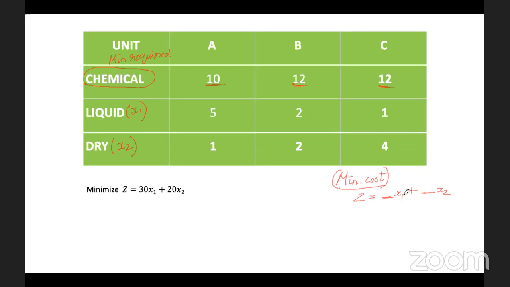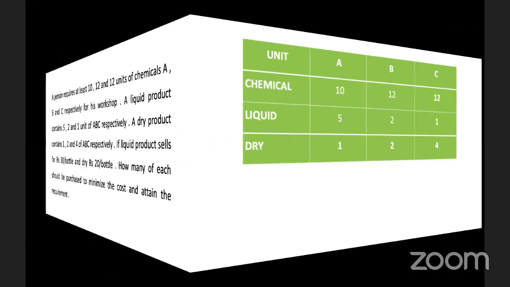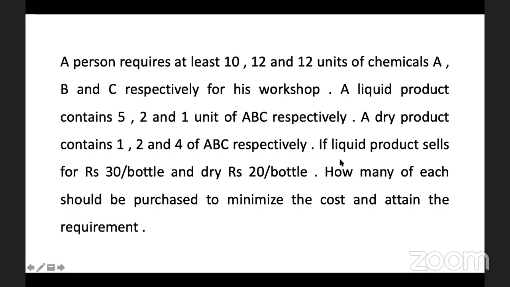Right. So I have written minimize Z is equal to 30x1 plus 20x2. How is it that I have written 30 and 20? Very simple. Get into the problem once again. Let me go into the previous slide. So here you can see that the liquid product is rupees 30 per bottle and the dry product is 20 per bottle.